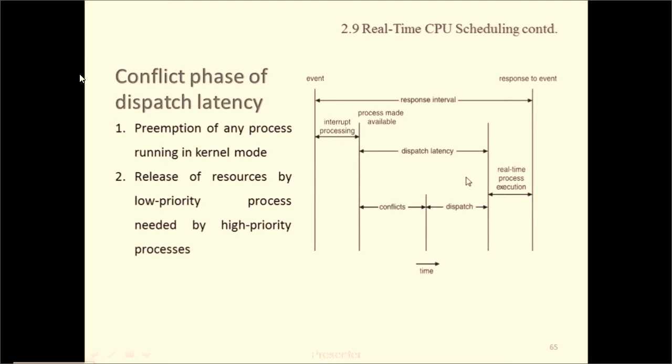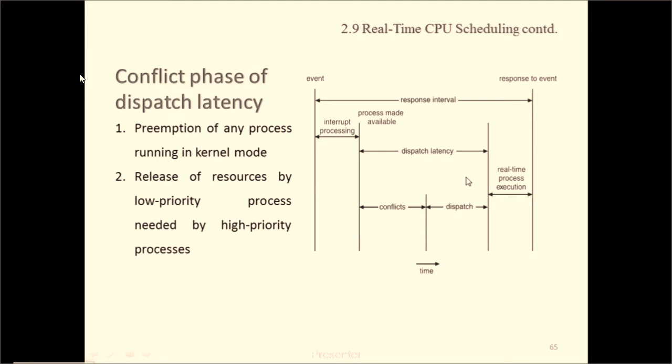The process says that I want a resource which is currently held by another process, and the process which is asking has higher priority than the process which is currently holding the resource. Now there comes what is called a conflict.